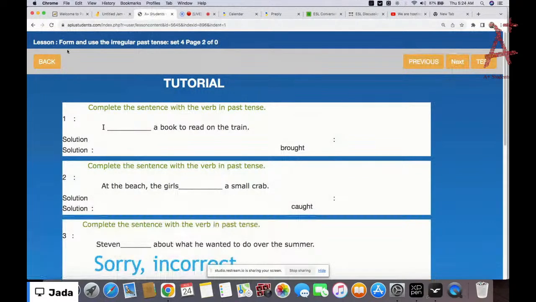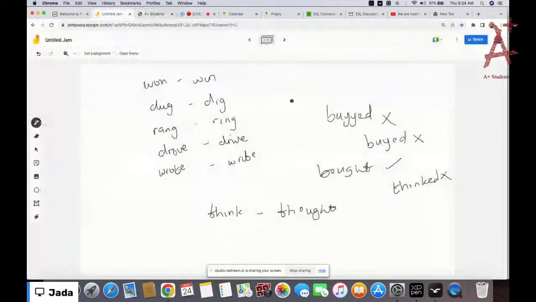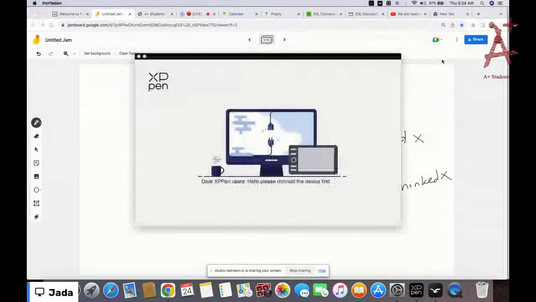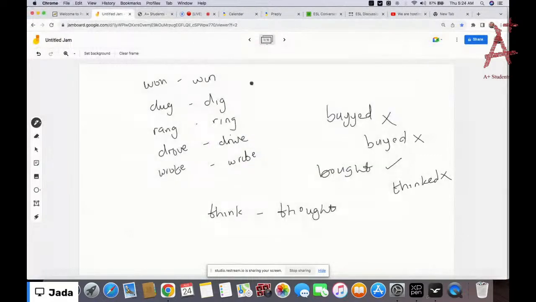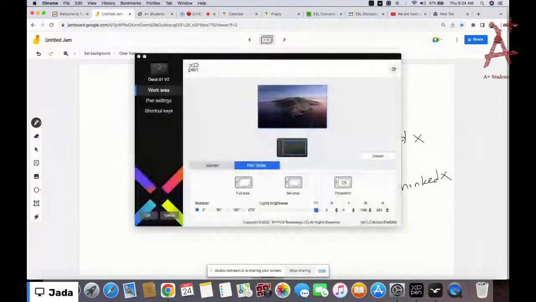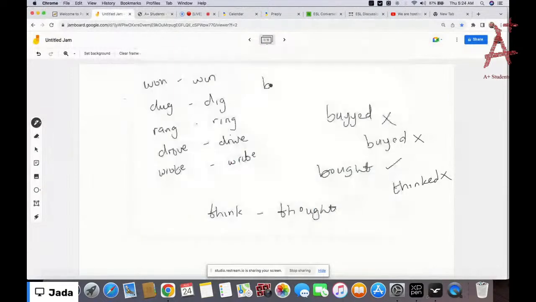So I dash a book to read on the train. So I brought. Okay. So for brought, it is bring, then brought. Okay? Bring, then brought.